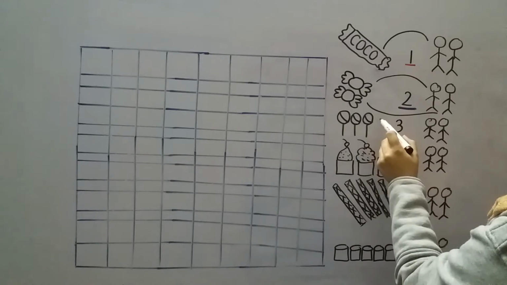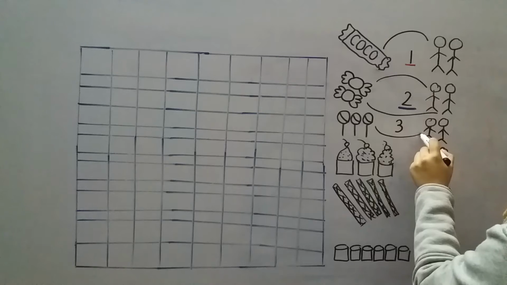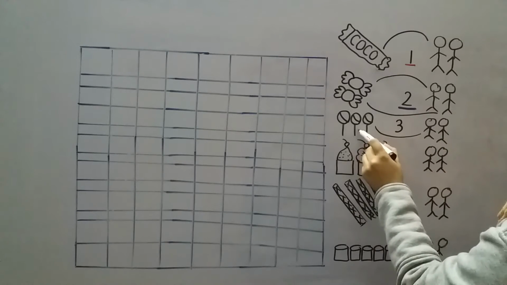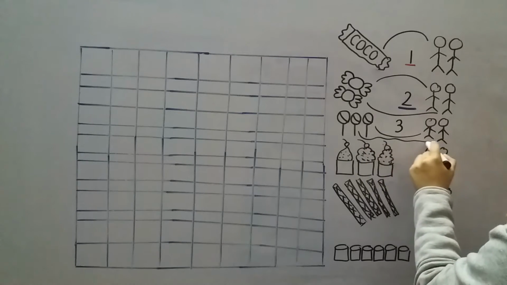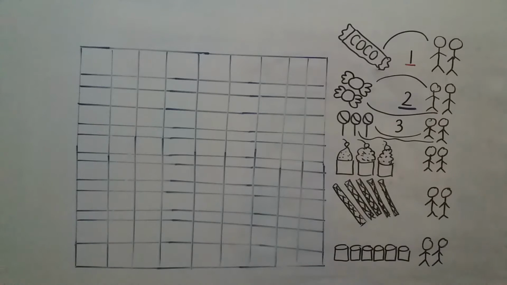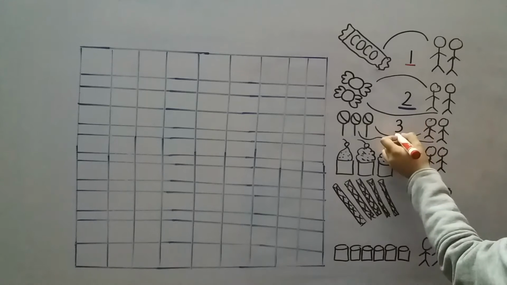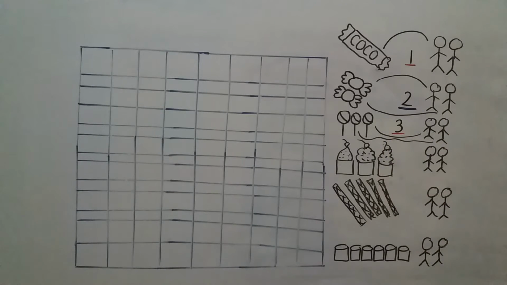I can give this lollipop to this student and the other lollipop to this student. Oh, one lollipop is left. So I was not able to divide them properly, and that means 3 is an odd number. I'll put a red line underneath the odd numbers.